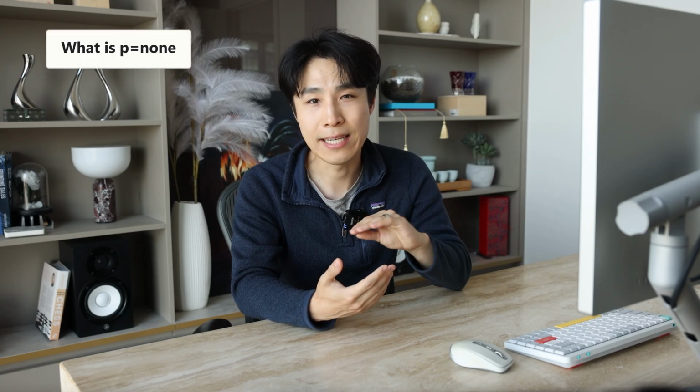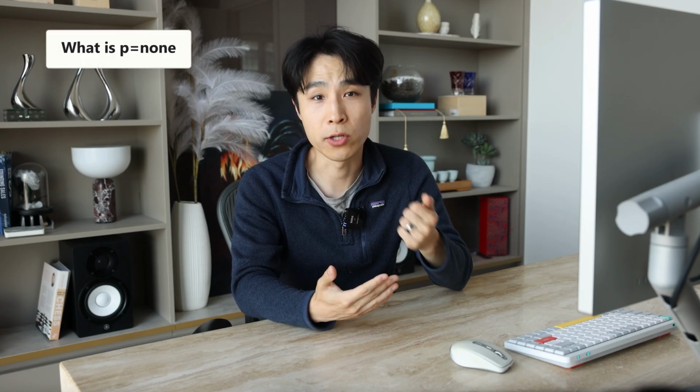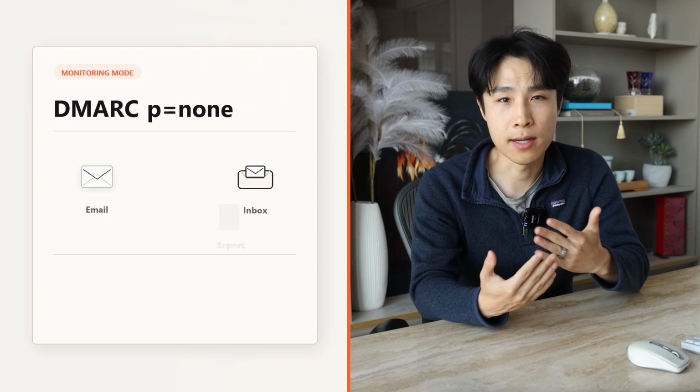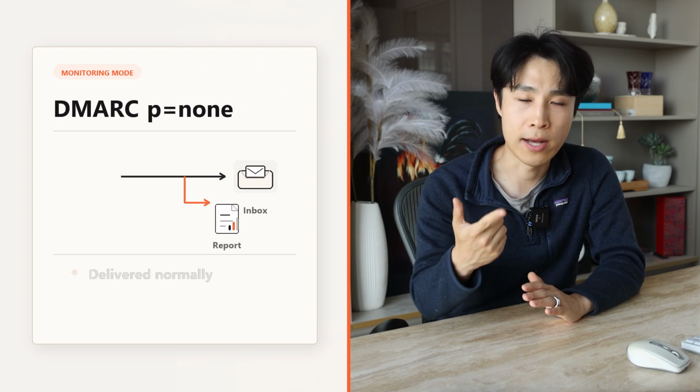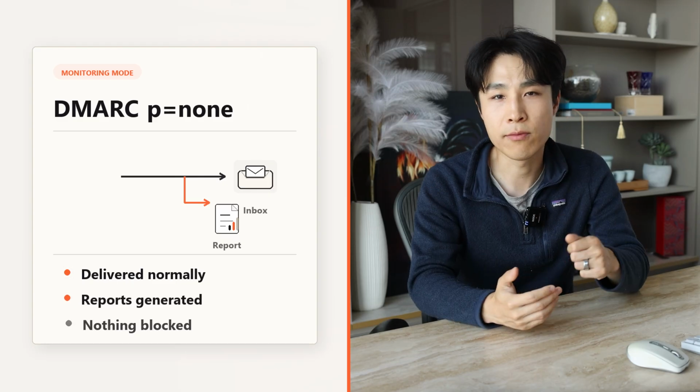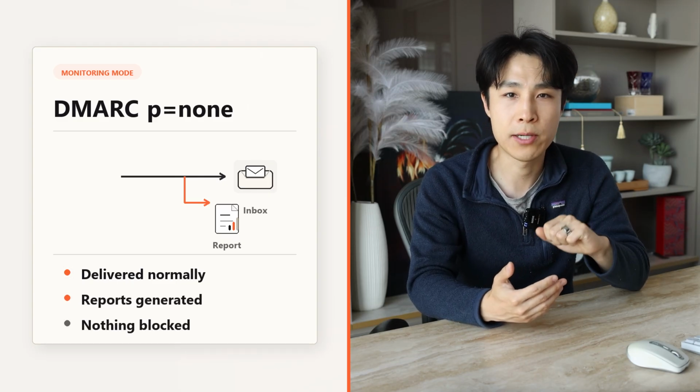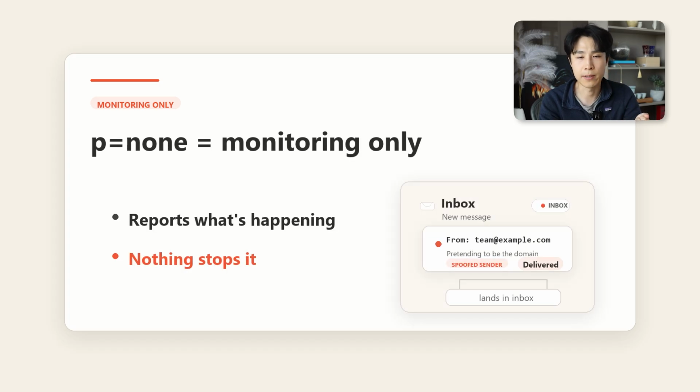The first is P equals none, and this is called monitoring mode. When your DMARC is set to none, you're basically telling every inbox provider in the world, Gmail, Outlook, Yahoo, etc., keep delivering everything as normal, but send me a report about what you're seeing. So nothing gets blocked, nothing gets sent to spam, and emails go through regardless of whether they're passing or failing authentication.